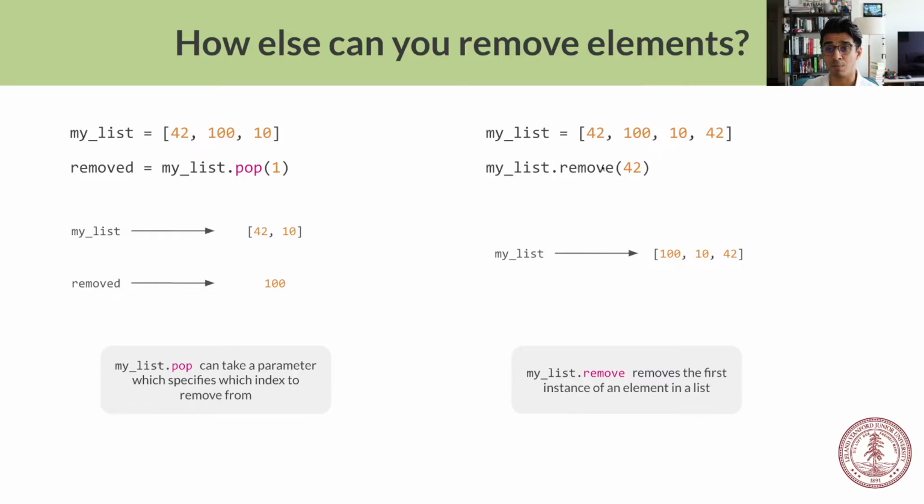Now what the remove function does is it removes the first instance of a value from the list. So you'll notice in this particular case, we removed the first 42 from the list, but not the second one. So we've still got 110, 42 down here. Okay, so there's a couple ways you can creatively remove elements from lists.